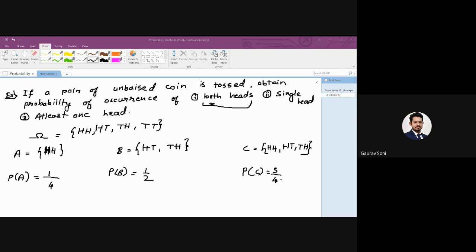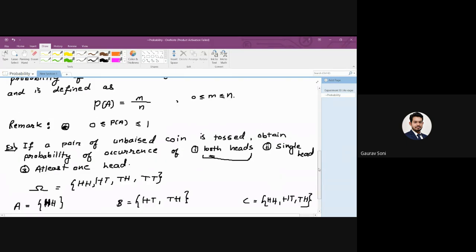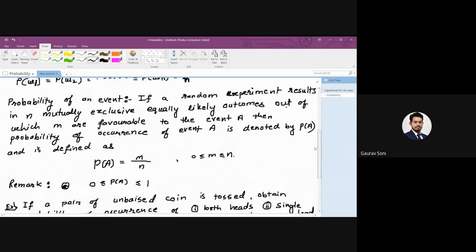Whenever your sample space is not equiprobable, you cannot use this formula, because in the definition we wrote n mutually exclusive equally likely outcomes, which means your sample space needs to be equiprobable.